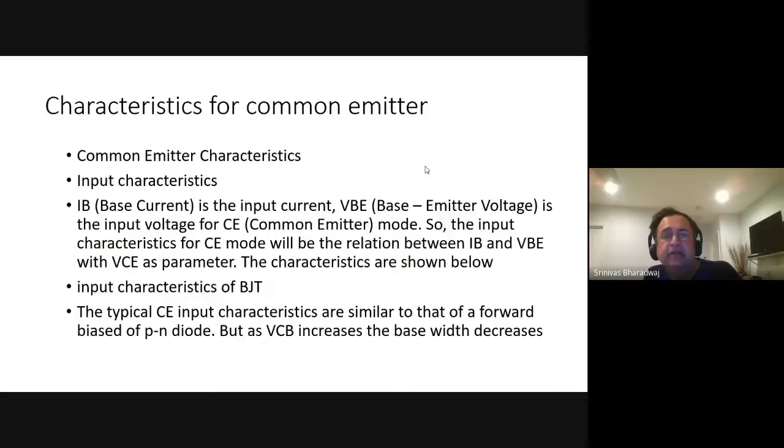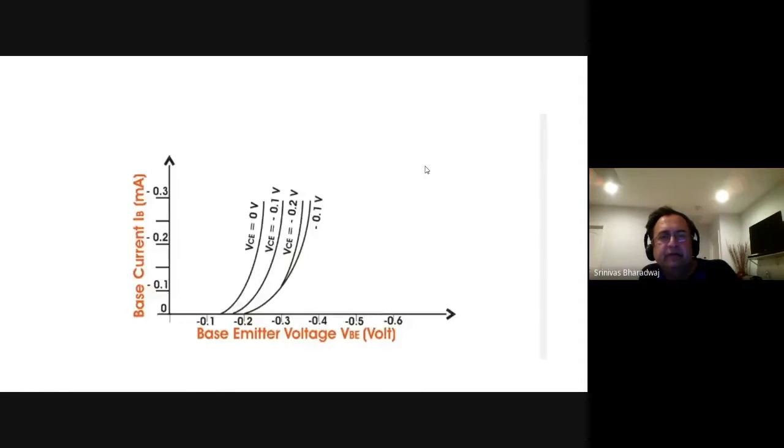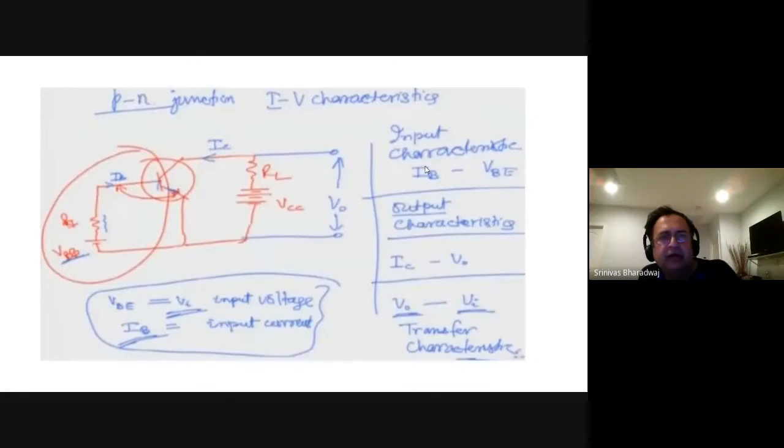So these are the typical combinations that are used. Common emitter is the amplifier combination, and the common base is a resistance gain combination. The common collector is also used somewhat, but again, it's not very important.